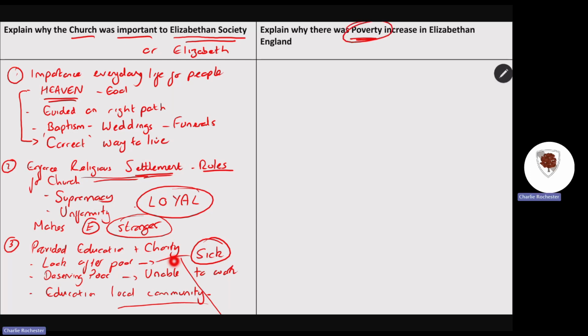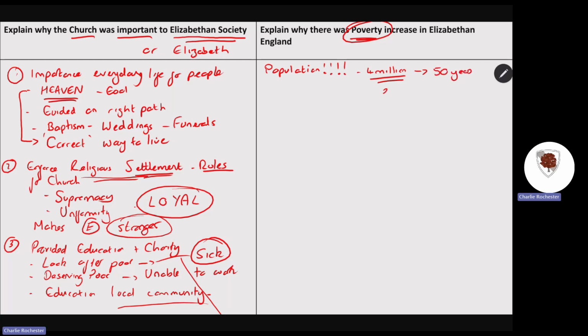Right, poverty has not come up for a while, especially why there was poverty. So we've got to really understand the impacts of this. So the number one most important reason is population. England grew to 4 million people in 50 years.